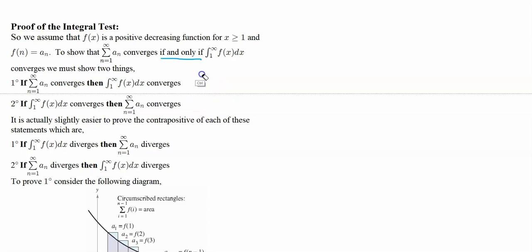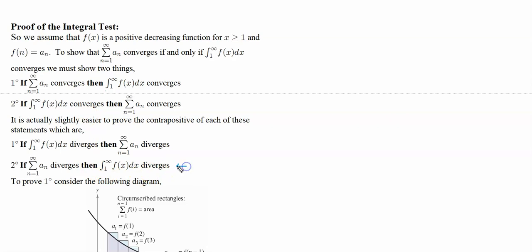So the contrapositives of these two statements are as follows. For the first one, if the series converges, then the integral converges. The contrapositive of that statement is that if the integral diverges, does not converge, then the series diverges, does not converge. The contrapositive goes in this direction, and we negate the B and the A. Now the contrapositive of the second statement is that if the series diverges, then the integral diverges.